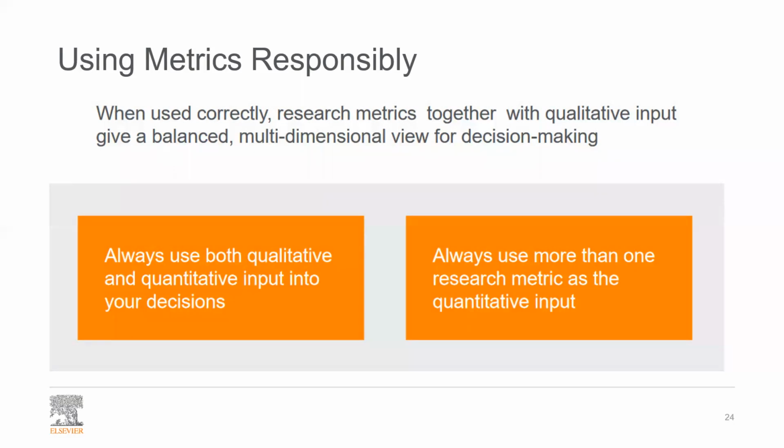Whenever we do research, we use qualitative and quantitative data to support each other, because we want more accuracy to support our findings. Likewise here, we need to use the correct metric, and we need to use other metrics as well to co-support our decision. So always use both qualitative and quantitative input in your decision, and always use more than one research metric as the quantitative output.